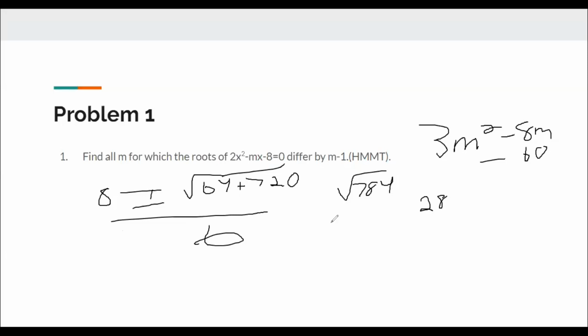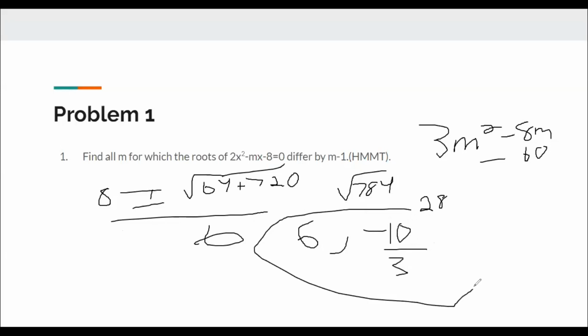So it's just going to be 8 plus or minus 28 over 6. So our answer should be 6, and then 8 minus 28 over 6, which is negative 10 over 3. So those are our possible values: 6 and negative 10 over 3.